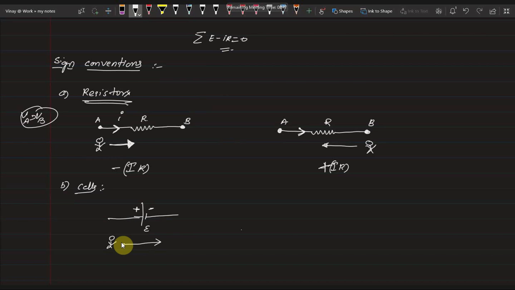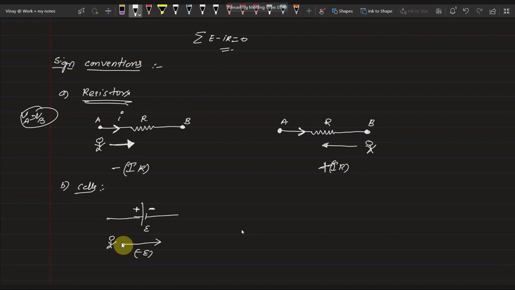Now, positive means high potential, negative means low potential. In your life also, you have to move from zero to maximum, which means that you have to grow in life. Growing in life is positive, and if we don't grow, that is negative. So we are moving from positive to negative, meaning high growth to less growth. Therefore, our growth is negative, and you can take that EMF as minus E.